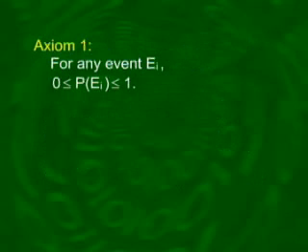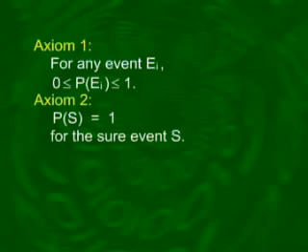Axiom 1, for any outcome Ei, P of Ei is a number lying between 0 and 1. Axiom 2, P of S is equal to 1, where S represents the sure event.